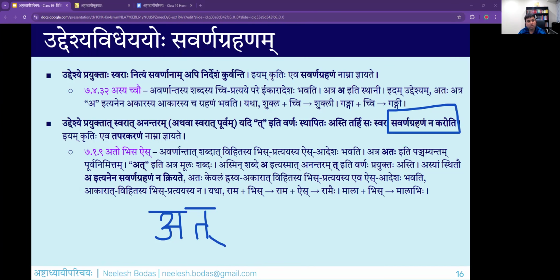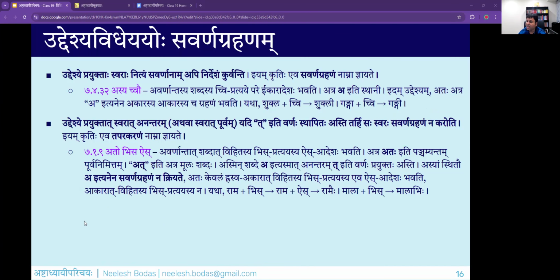Savarna grahanam na karoti ityukte dirghasya grahanam na karoti. So a hrasva swara will not indicate a dirgha swara when tapara karanam is present. So that is for the uddesha. Uddesha without a taparakaranam will include the dirgha, and uddesha with taparakaranam will not include the dirgha.